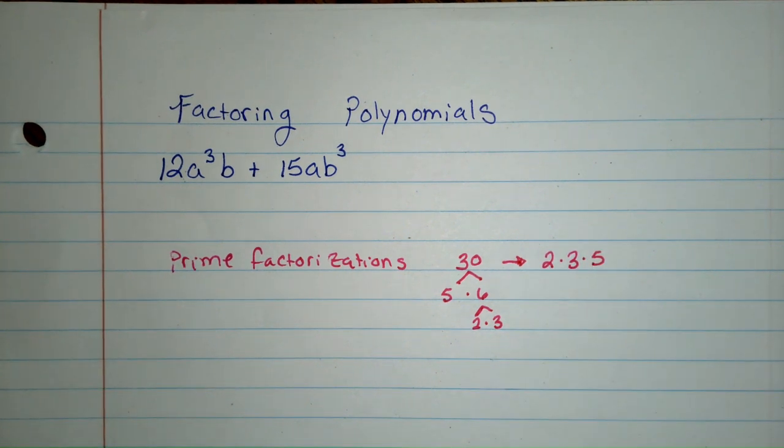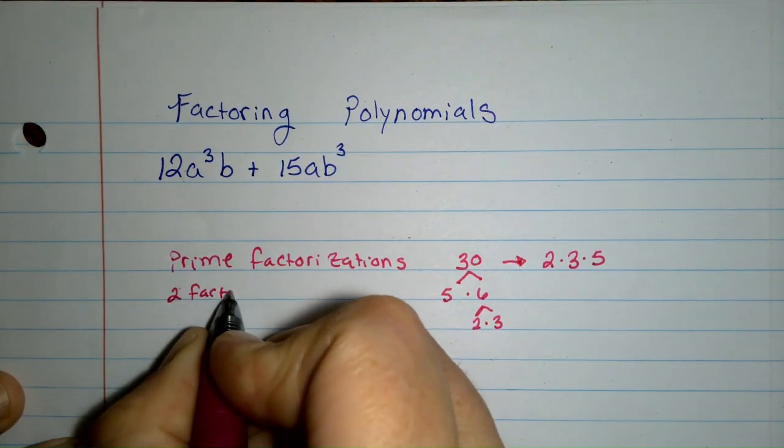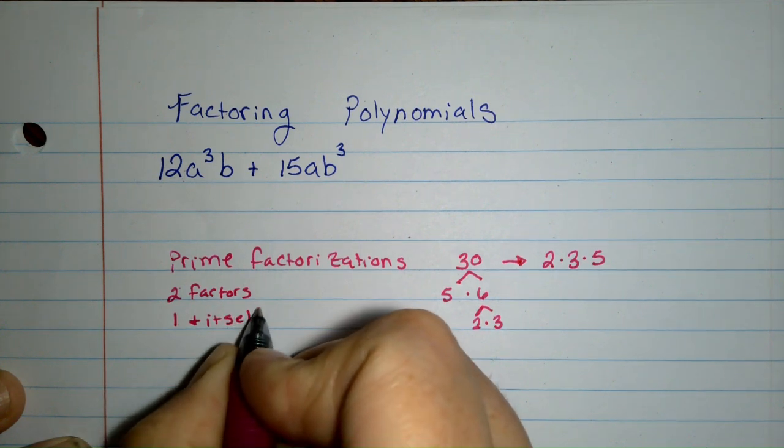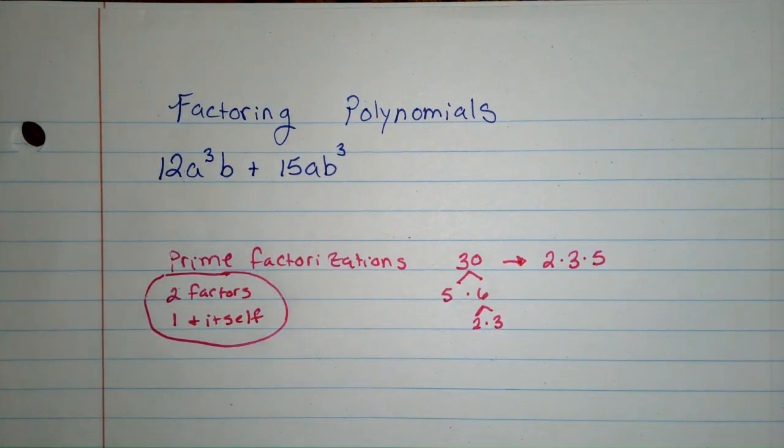And you could have written those in different orders, but 2, 3, and 5 are each prime numbers, meaning they have exactly two factors, 1 and itself. So when we have polynomials, meaning we have variables and more than one term, that's what we're looking for: prime factors.